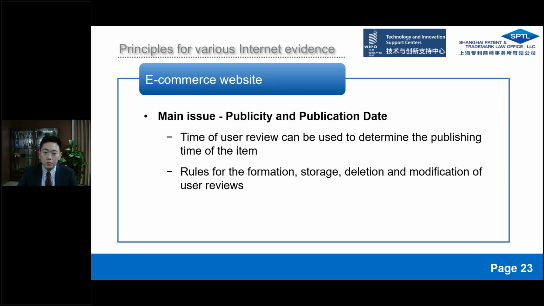Jingdong sets certain rules for the formation, storage, deletion, and modification of user reviews. Jingdong itself, merchants, or users cannot delete or modify user reviews. In certain relevant cases on appeal, the panel believes that when a purchase review of the product is earlier than the application date, it can be determined that the publication date of the product is earlier than the application date.